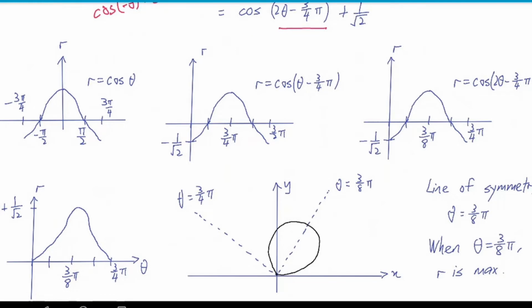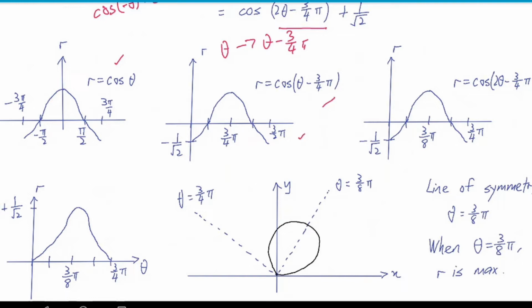So it is to start from what we have, r equals cos theta. This is what we get. And we are doing some transformation here. So theta becomes theta minus 3 over 4 pi, which means we move the graph to the right by 3 over 4 unit. This is what we get.